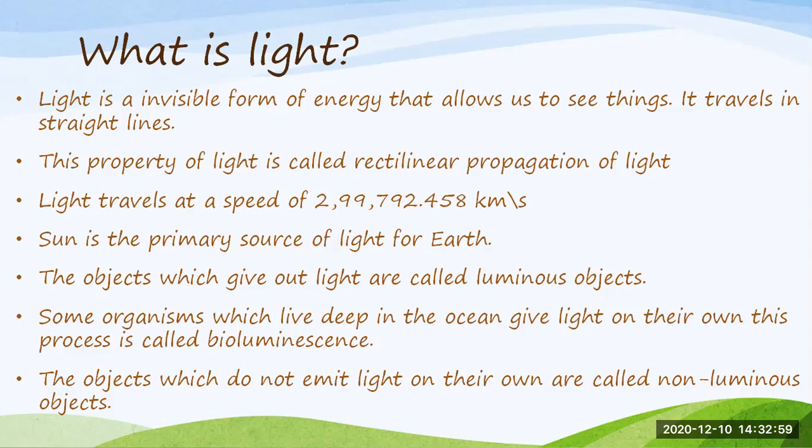So this is called bioluminescence. And the objects which do not emit light, that is they don't give out light at all, are called non-luminous objects. Examples for non-luminous objects are the chair and your table and so on.